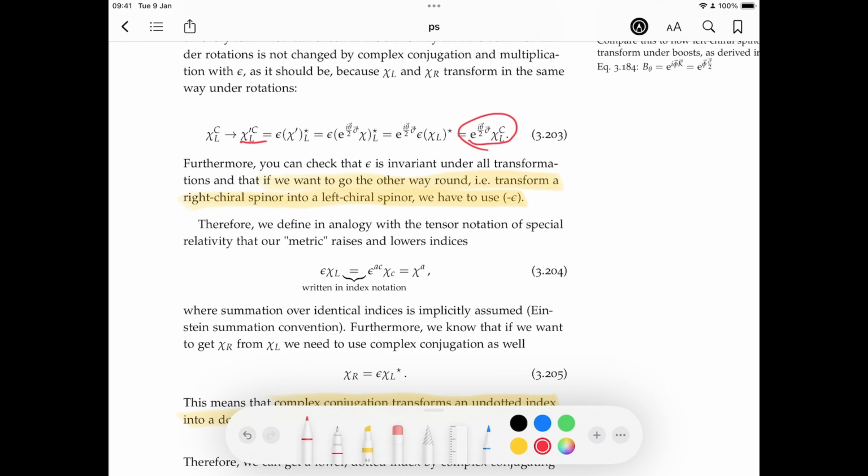With the left Weyl spinor, we need to use minus epsilon. So if you have psi_L conjugated, it will look like minus epsilon applied to psi_L conjugated instead. And that's connected with the fact that minus epsilon equals the identity matrix.